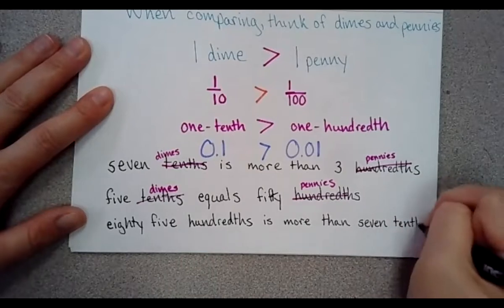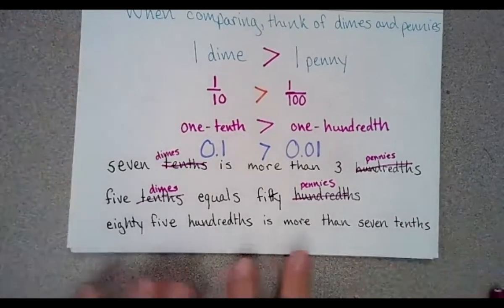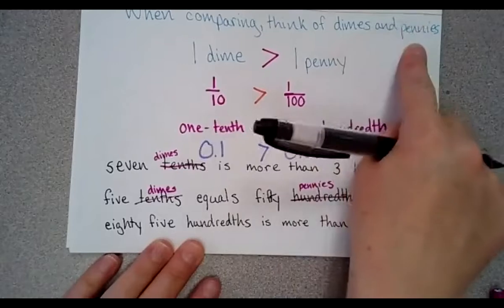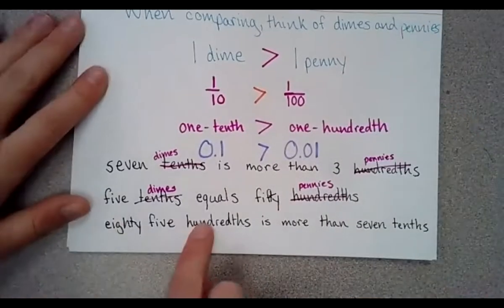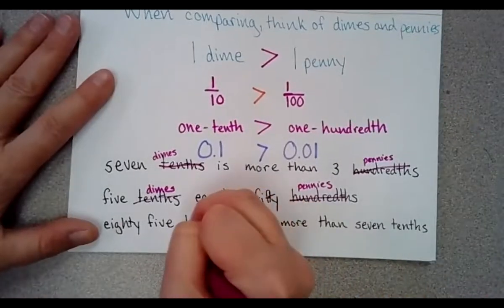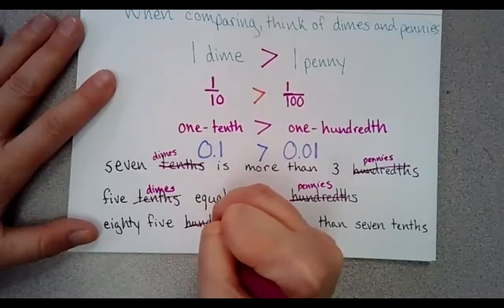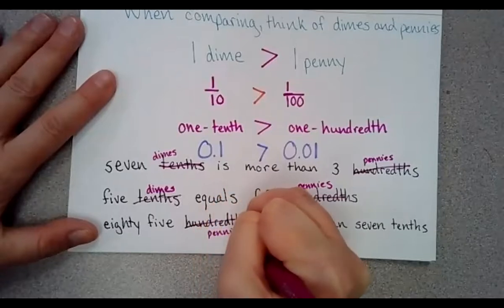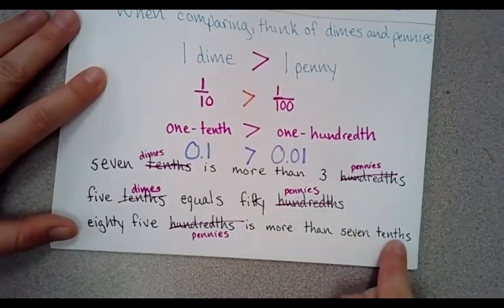Okay, so I'm saying this out loud, but I'm going to think of it in terms of dimes and pennies. So 85 hundredths is not 85 hundredths, it's 85 pennies. 85 pennies is more than 7 tenths.